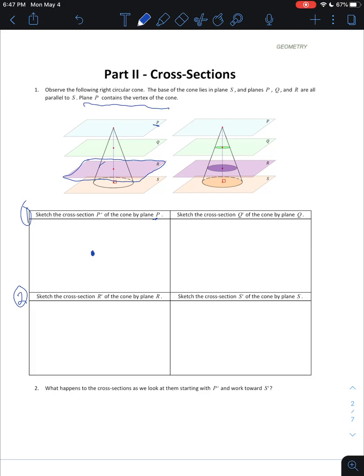It would be something like this. Only one little sliver of the cone would end up on this plane. So it would just be a 2D shape. It wouldn't be a 3D object on the plane, right? It would just be a 2D shape.